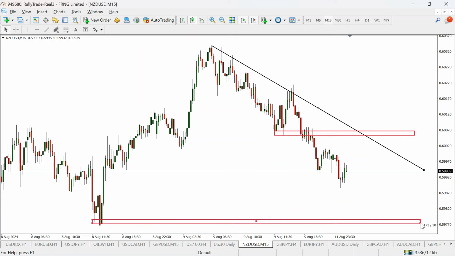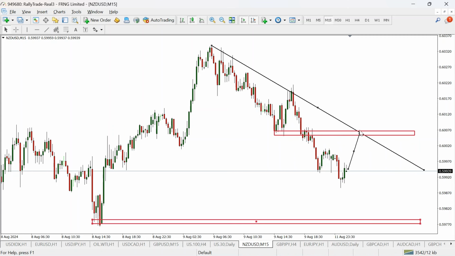So I'd most prefer to sell into this level, since I know the market is bearish. So all I want to see is the market trade all the way back here. All right. This is for confluence. What I mean by confluence is the market structure is bearish.